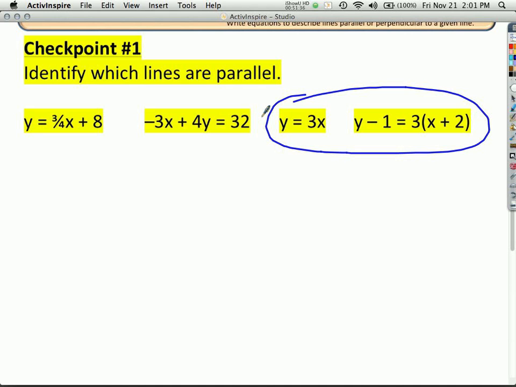Oh. When we convert this into slope-intercept form, what does it come out to, Isabella? I saw it on your paper. That's not parallel, that's the same line.